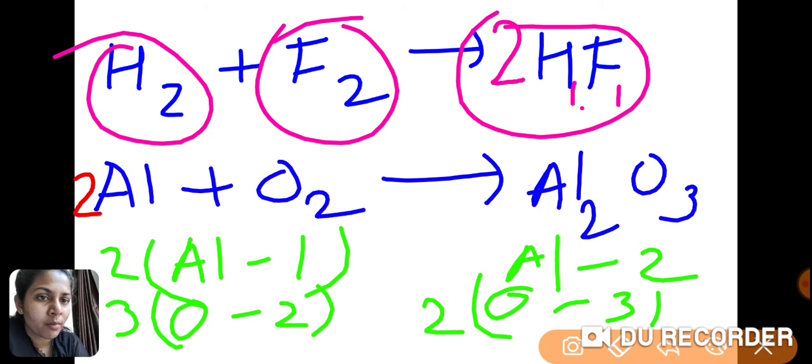So aluminum is balanced. Now to balance the oxygen, here 2 molecules of oxygen that we multiply by 3, then that is 6 molecules of oxygen, and here oxygen 3 molecules that we multiply by 2, okay, then we will get 6 molecules of oxygen, right?